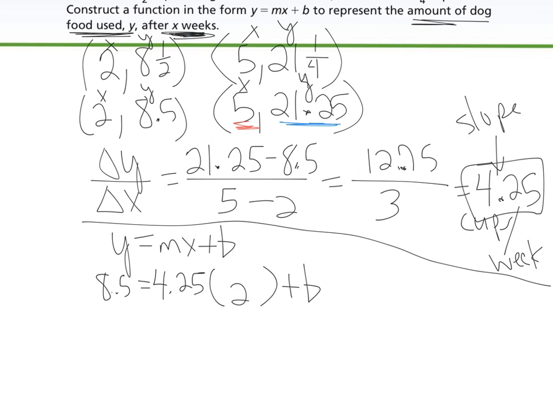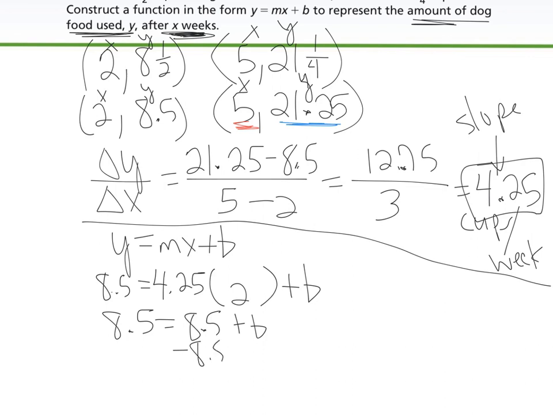And then make sure you put them in the right spots for the x and for the y. So if we double 4.25, we get 8.5, and then if we were finding b here, we would have to subtract.